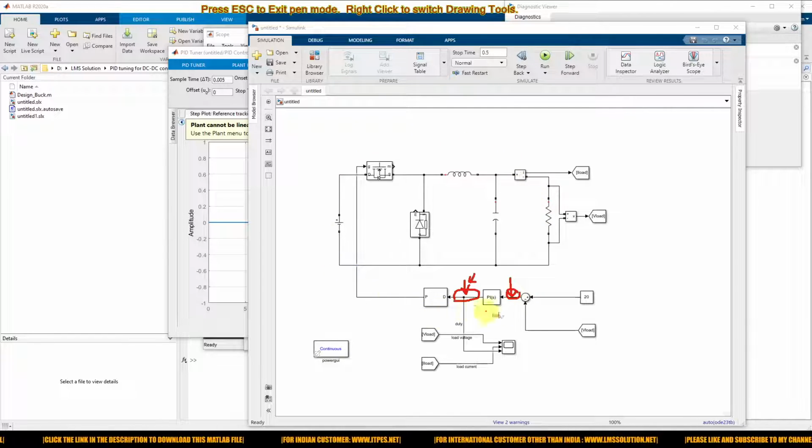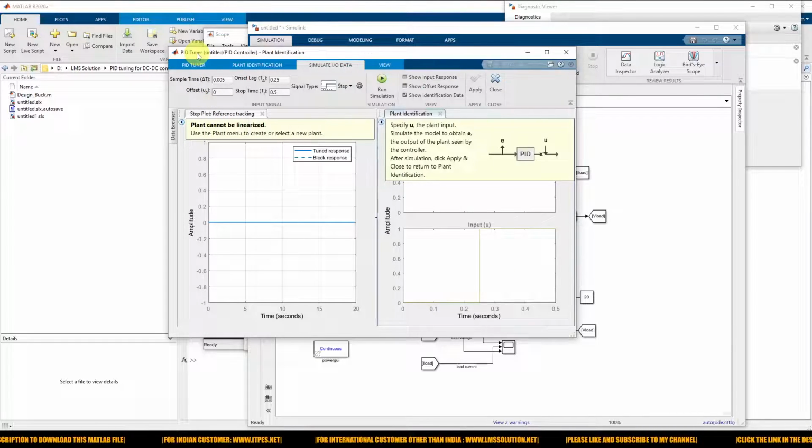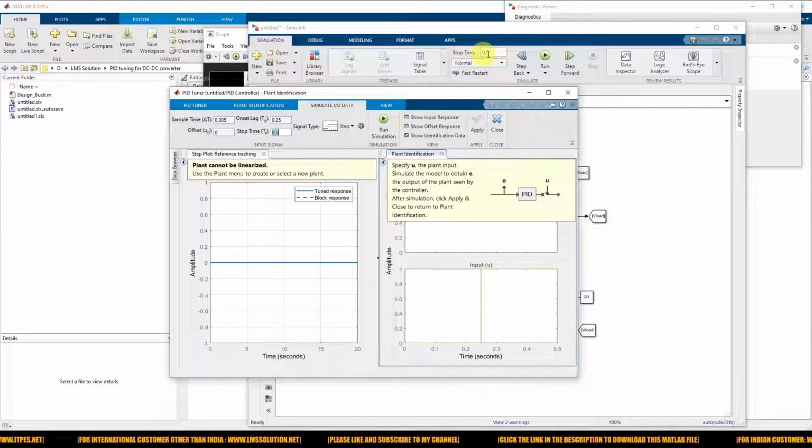We are going to identify this plant using this concept. Here you can see the sample time is 0.005 and the stop time is 0.5 seconds, which we already fixed.